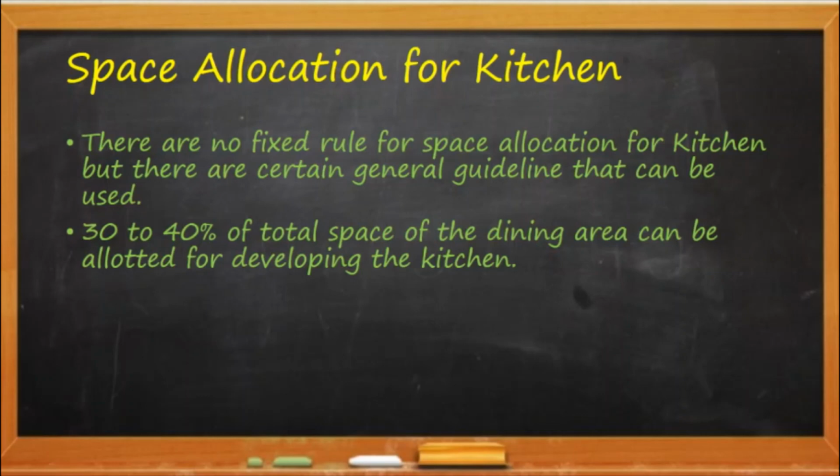The range is given depending on the type of establishment, the type of service required, the volume required, the variety in the food, and many other factors on the basis of which the total space will be allocated to the kitchen.